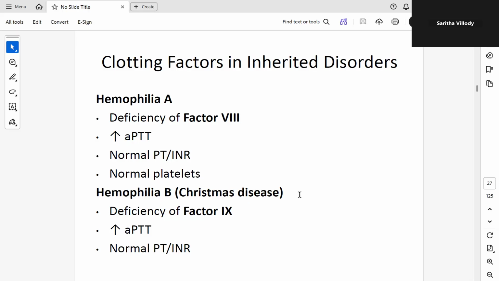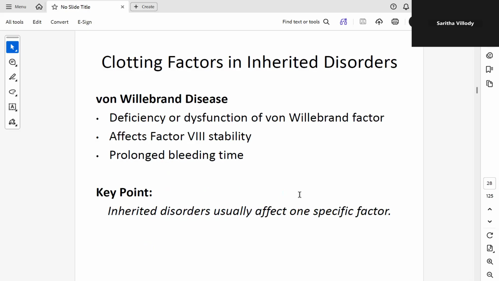There is another disease condition called von Willebrand's disease, which is a deficiency of von Willebrand protein, which is kind of the factor needed for factor 8. So it is also, we can say, a type of hemophilia A, because the deficiency of that protein results in dysfunction of factor 8.